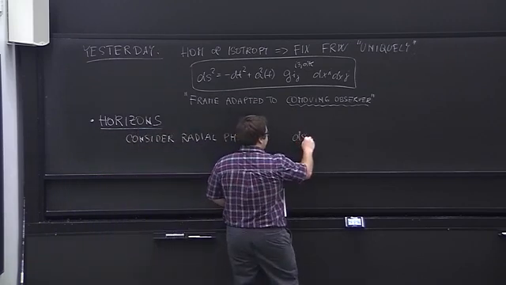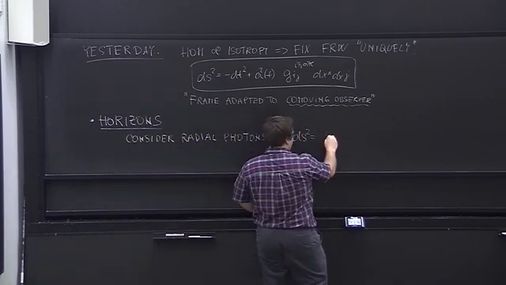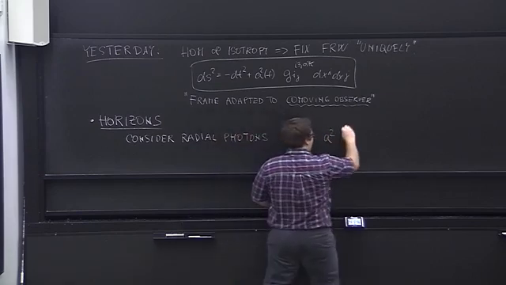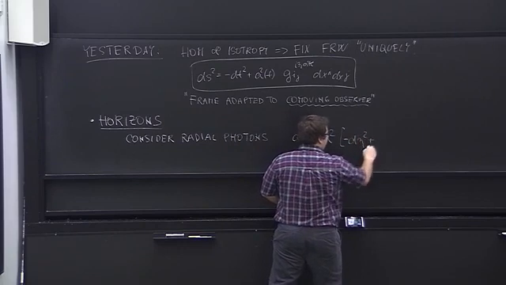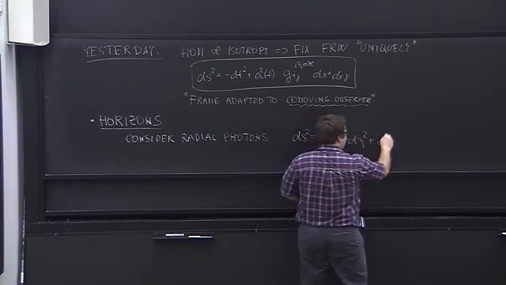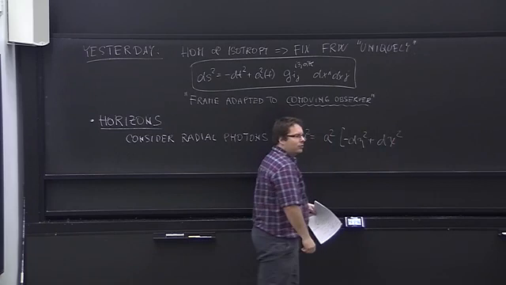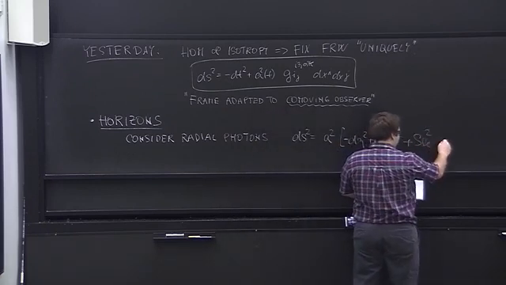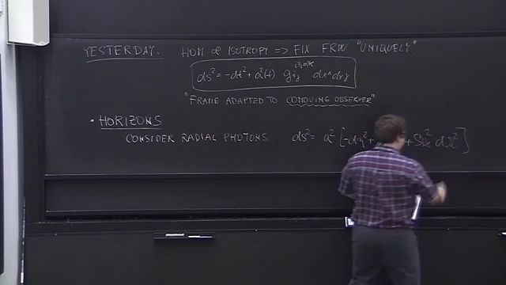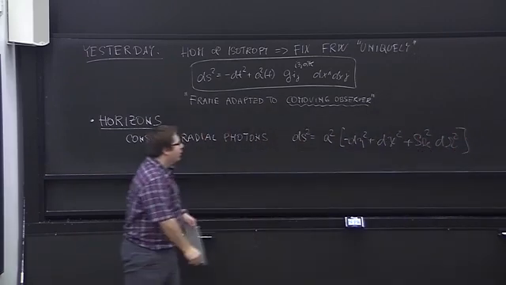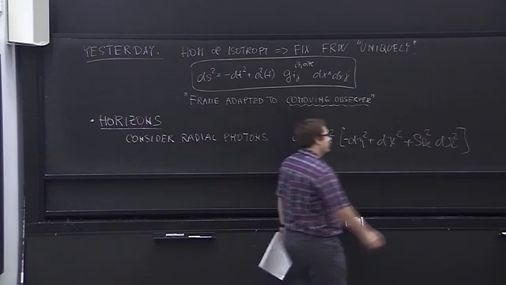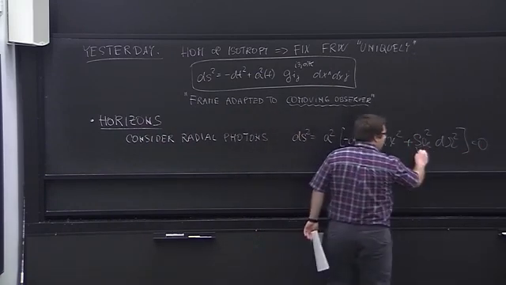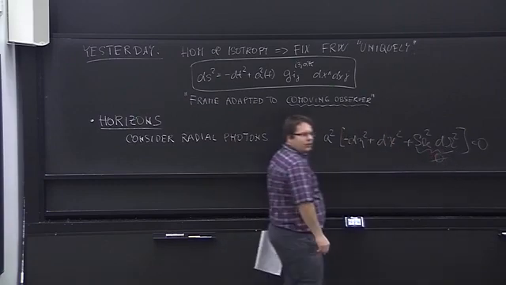So we will have our metric ds squared is, so that's the conformally rescaled one, minus d eta squared, that's our conformal time, plus our radial coordinate chi, plus s_k squared d omega squared. Now, if it is a photon, of course, this equals 0. Because it's radial, this guy is 0.